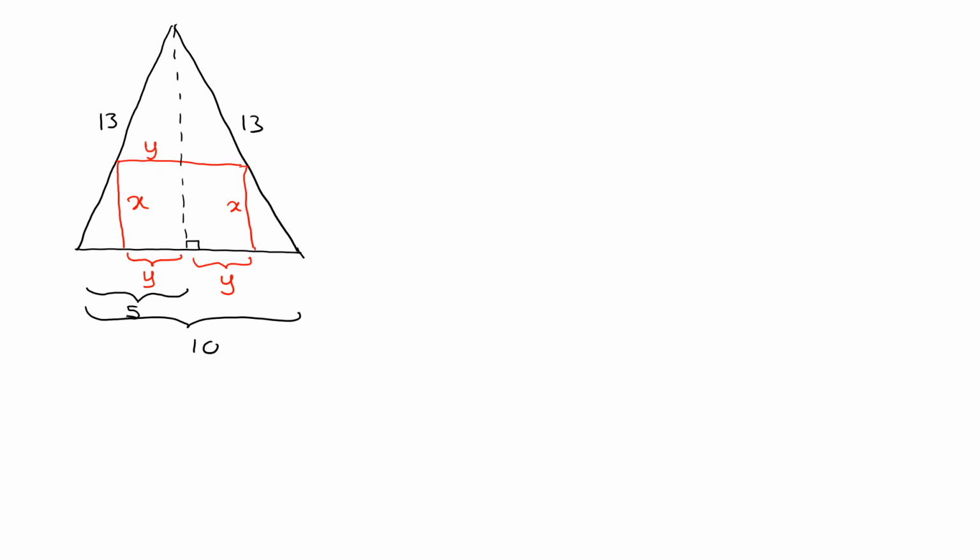To do that, we know the hypotenuse is 13. If you look at this one small triangle, the base is 5, so we can find the height. Writing the Pythagorean identity for one of those small triangles, if h is the height of the triangle, h squared plus 5 squared equals 13 squared.